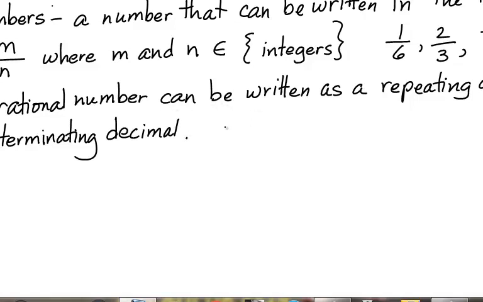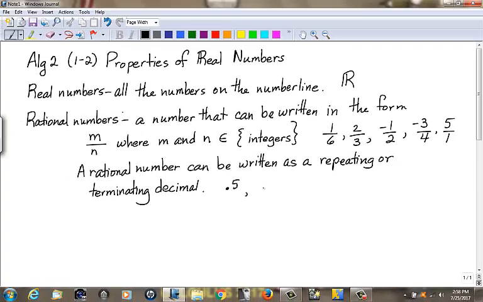For example, 1/2, I can write that as 0.5. 1/3, I can write that as 0.33333 repeating. You can show it with the 3 dots, or you could show 0.3 with a bar above it. That means it's repeating. If I had, let's say, 0.12 and I want both of them to repeat, so that's 0.12, 12, 12, and it's repeating. So a rational number is a repeating decimal or a decimal that stops, like if I said 0.89, that would be a rational number. Okay.